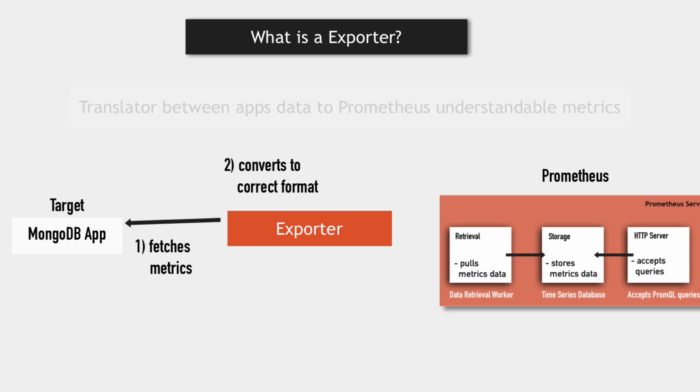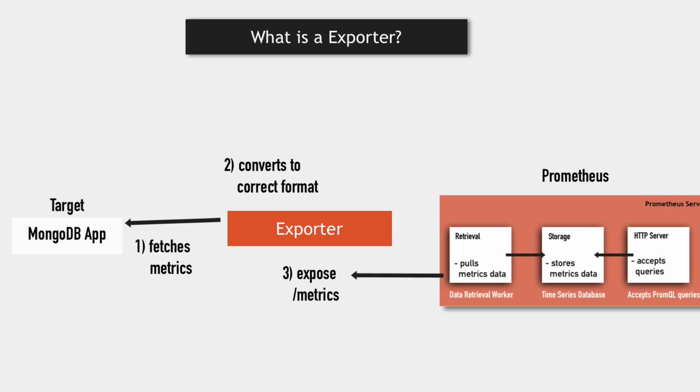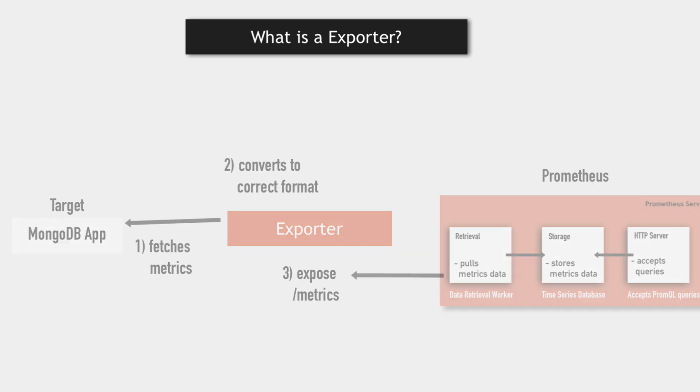An exporter itself will expose this /metrics endpoint so that Prometheus will be able to scrape it from there, right? So it does two things. It collects the metrics data from the application and converts it to data understandable by Prometheus. And the second thing is it exposes these metrics at a /metrics endpoint for Prometheus to be able to scrape them. So this is the role of exporter.